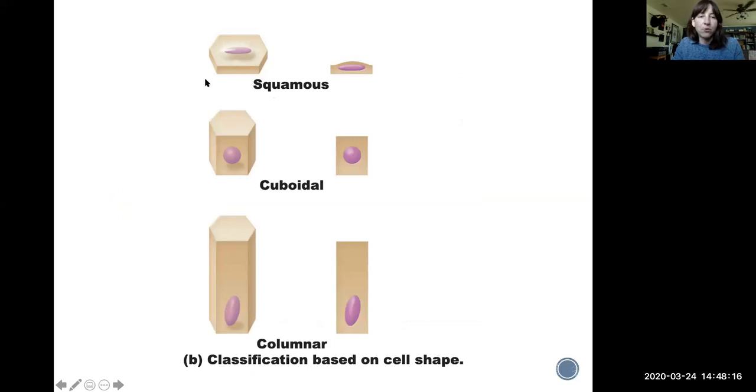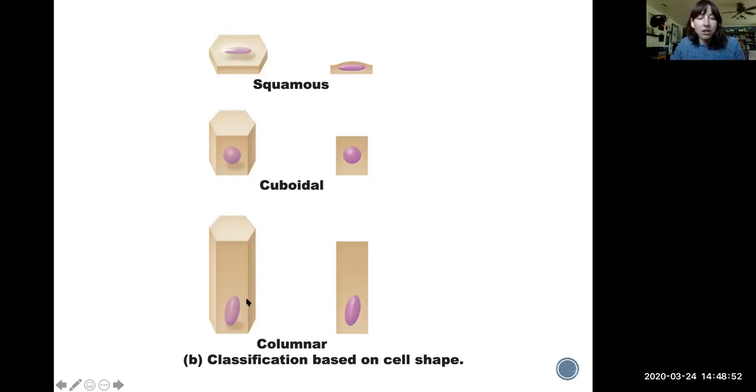So simple squamous is a single layer of these flat pancake cells, and stratified squamous epithelium is multiple layers of flat pancake cells. Simple cuboidal epithelium has a single layer of cube-shaped cells. And stratified cuboidal has multiple layers, or at least the apical layer of the epithelium you're looking at is cube-shaped cells.